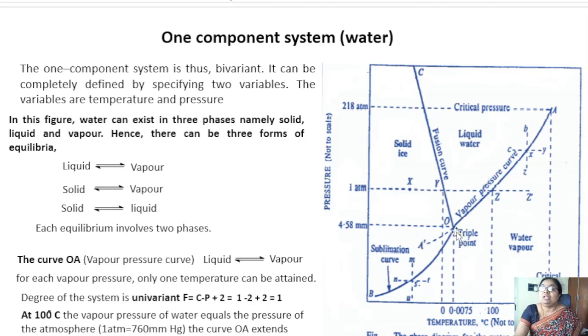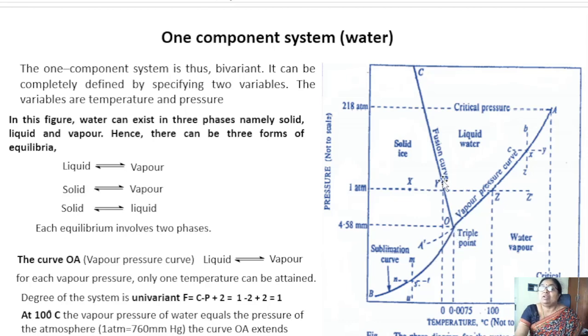Like that only, if we increase the pressure at the triple point, that pressure is utilized for the water to get vaporized. Therefore, with further increase in pressure, it is utilized along the vapor curve, that is the OA or OB curve.